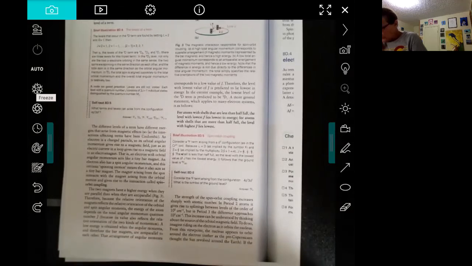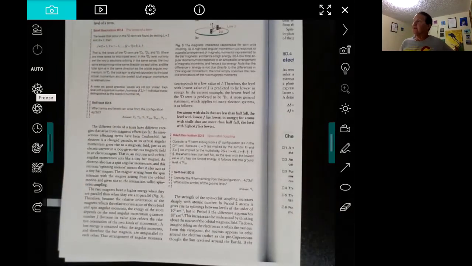So the book then talks a little bit about the rules for what's lowest in energy. It's kind of counterintuitive. The highest J value has the lowest energy. Their argument is that if it has a high J value, the angular momentums are coupled together, and so it's actually the L values. So you're talking about the electrons orbiting, and if they're going in the same direction, they're not going to be running into each other.